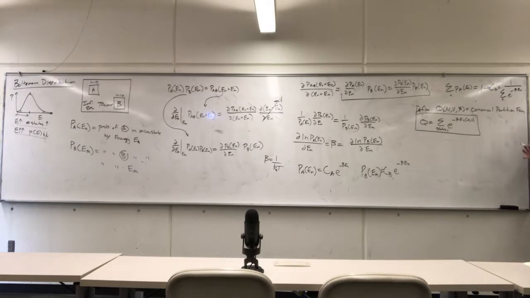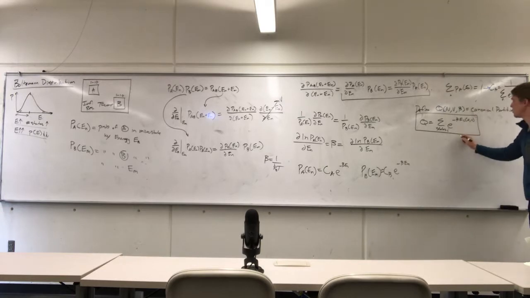So in statistical mechanics, the partition function is what our objective is. The partition function here is the summation of all of the states of the system. In this case, it's scaled by something that we call the Boltzmann factor.